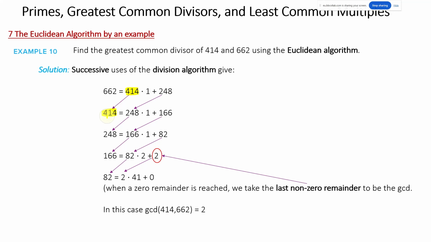So basically we keep taking this and try to divide it without having a remainder. Once we have the remainder, we're going to divide the smallest number by that remainder.